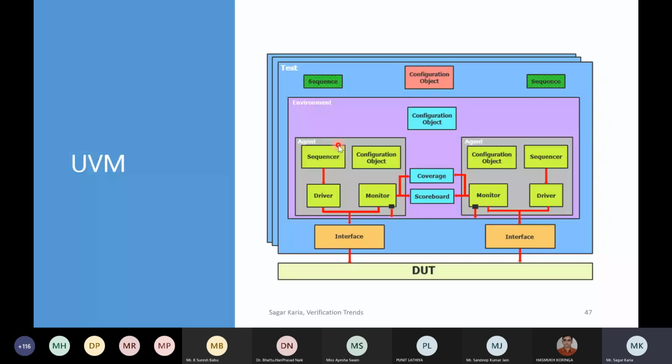Your generator will be requested by a sequencer, and your driver and monitor would be the same. I now have two agents because I can interact with the same interface in different ways. There can be a separate agent for a write or a read. Or to give a specific example, I can have a master agent or a slave agent. For SPI, I can have a MISO agent and a MOSI agent.